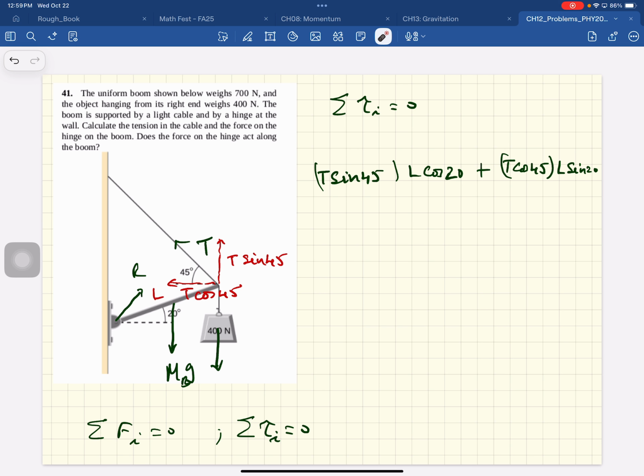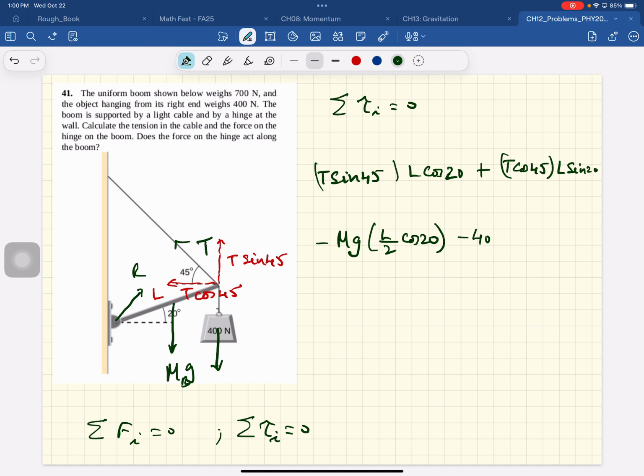All right, now the negative torques. mg, the weight of the boom, times L by 2 cosine 20. For this guy, the moment arm was this distance. That distance is L by 2. L by 2 cosine 20 is that distance. And then minus 400 newtons L cosine 20. Okay. And all this should add up to 0.